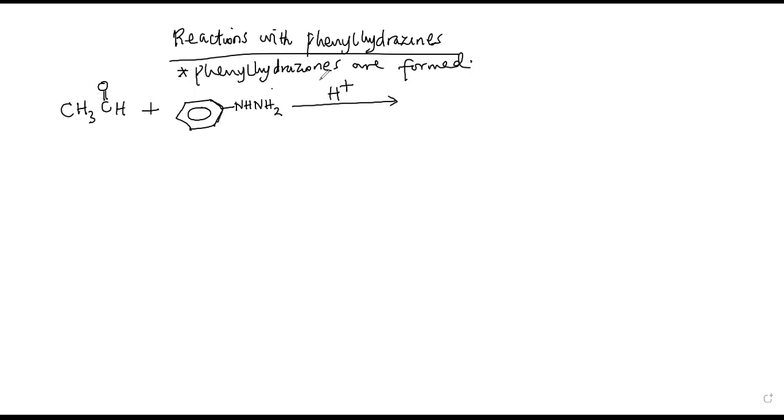So for the case of a mechanism, we shall have, first of all, this carbonyl compound, CH3C, then H, and a hydrogen ion.